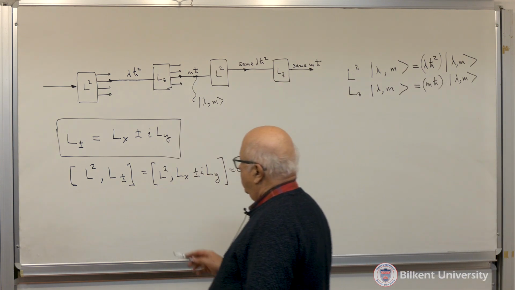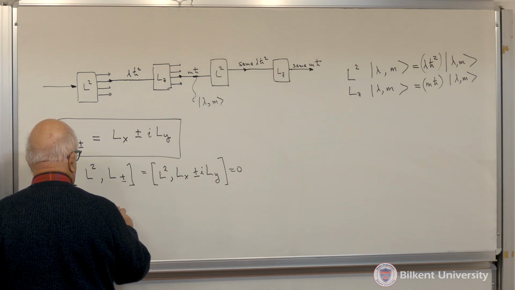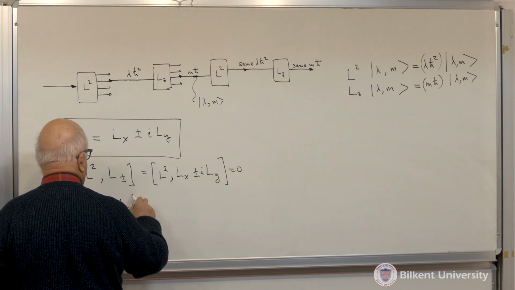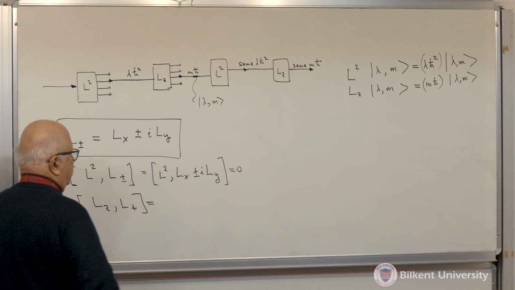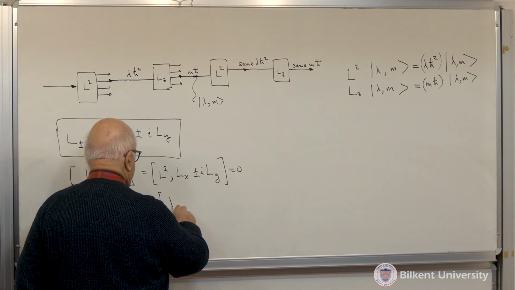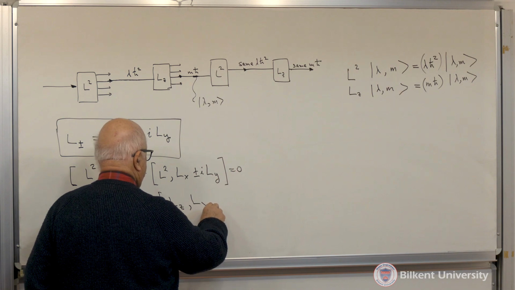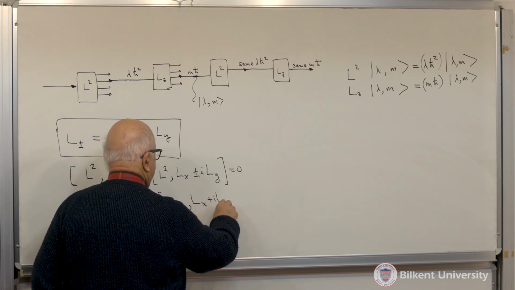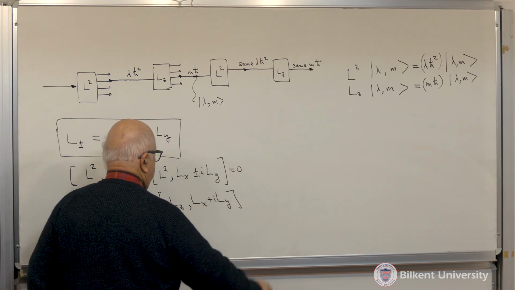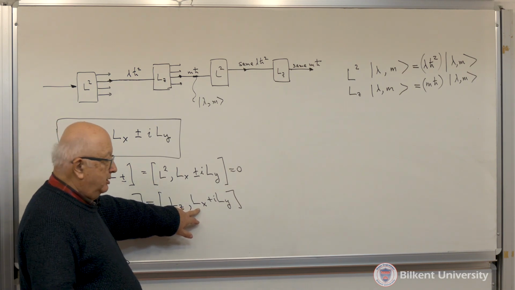Let's see what they do with Lz. Lz with L plus. Again, check my algebra. As you can see, I make lots of mistakes. Lx plus I Ly. So what is Lz with Lx?